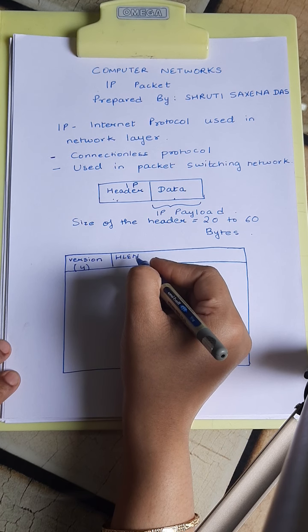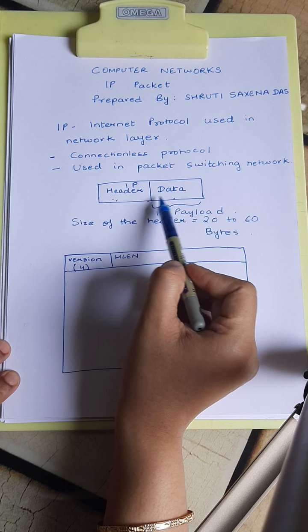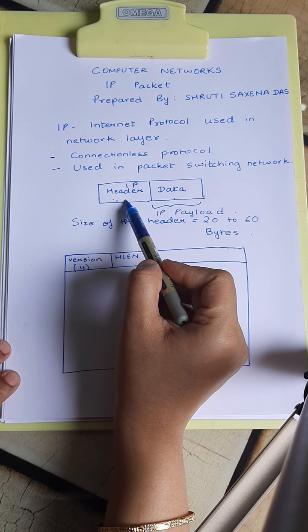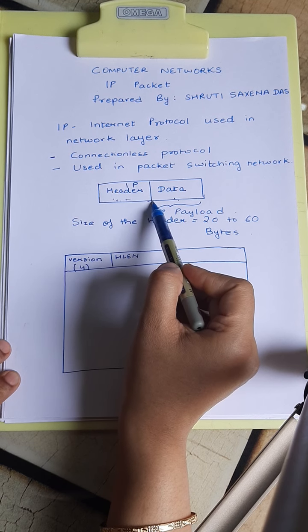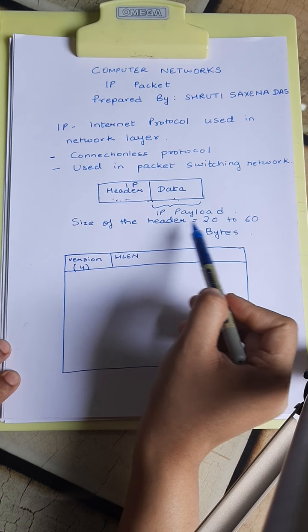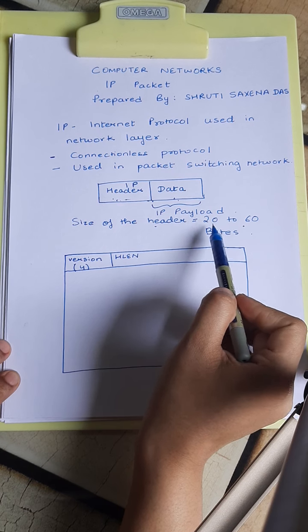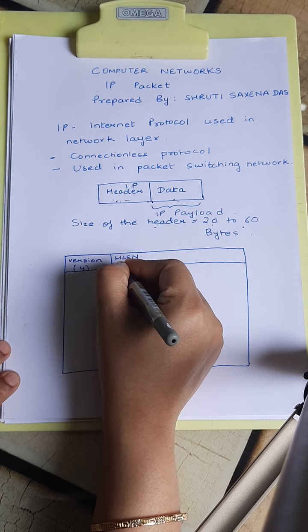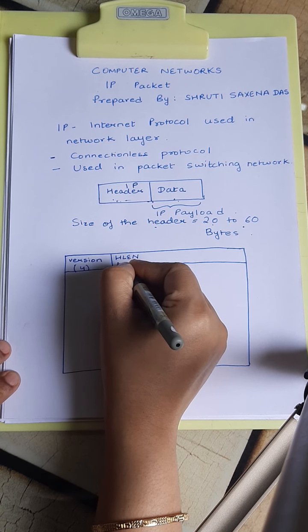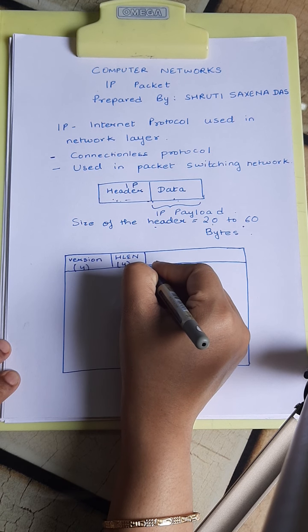Header length means the length of the entire IP header. Each packet contains two things, the IP header and the data. So what is the length of this header? We discussed that the header size is from 20 to 60 bytes, but the exact length must be written here, stored in HLEN.